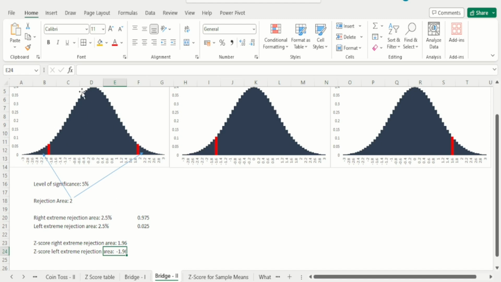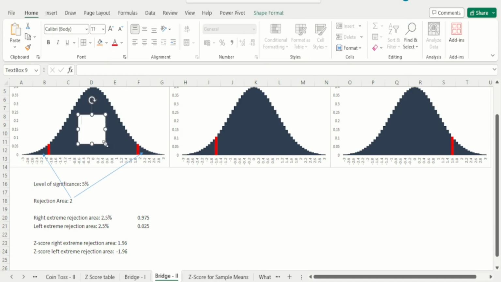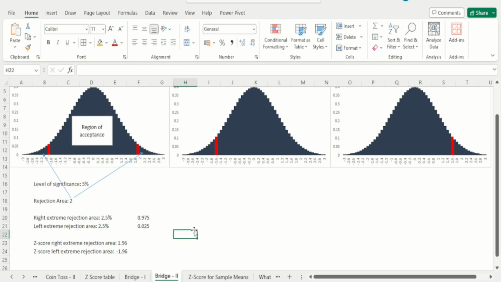So this region in between, in some textbooks or discussions, you will hear this central area called the region of acceptance. In other words, if your z-score falls in this range, then we can say that we are going to accept the starting idea or the null hypothesis.